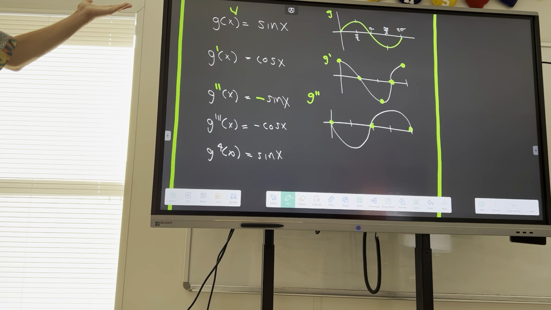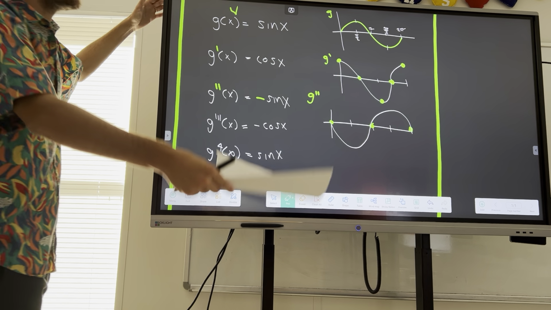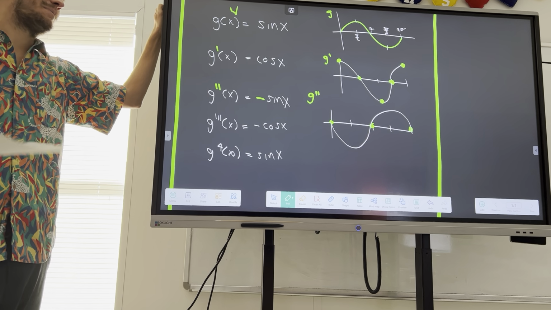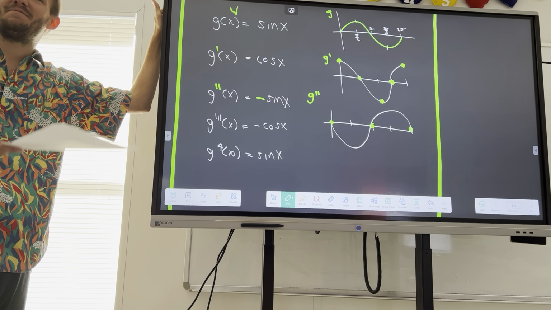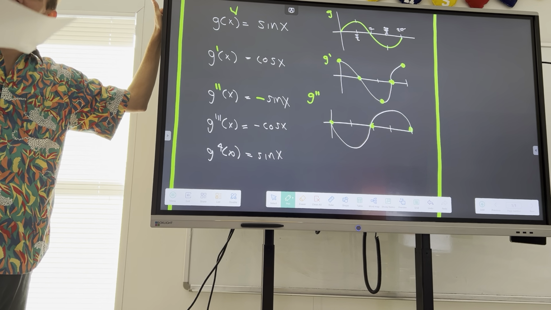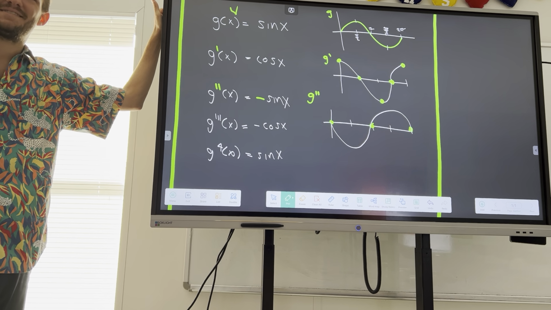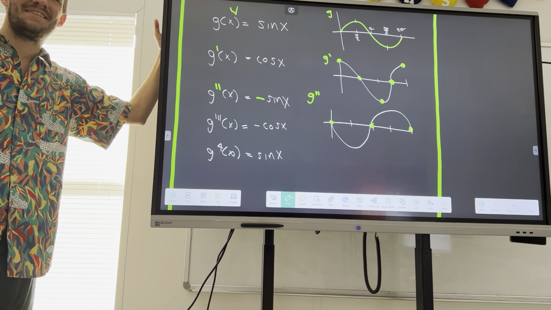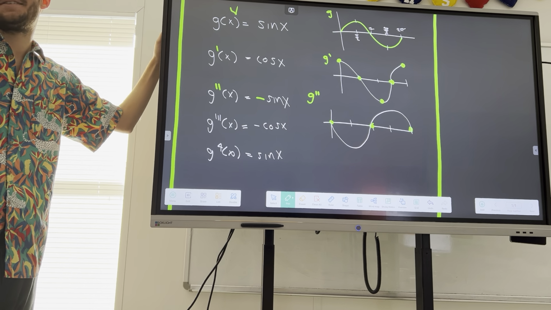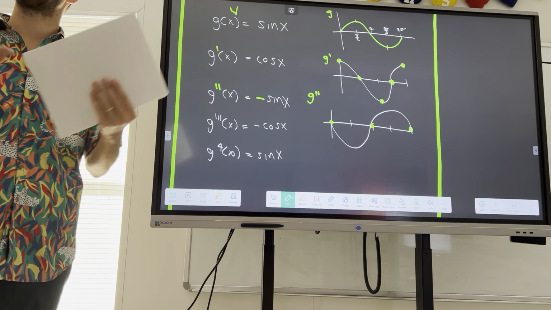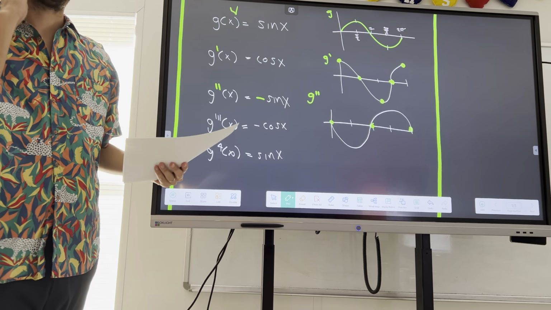So these derivatives would last an eternity. They would be in a little bit of a cycle. Does this remind you of anything else in math that does this little cycle on a 4-turn loop? Imaginary numbers. Yeah, sure, it's the exponents of the little i for imaginary numbers, right?